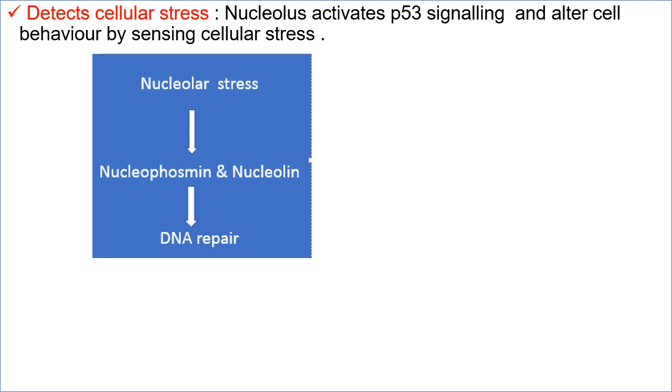For example, nucleophosmin and nucleolin transit to the nucleoplasm in response to stress and participate directly in the repair of numerous DNA damages.